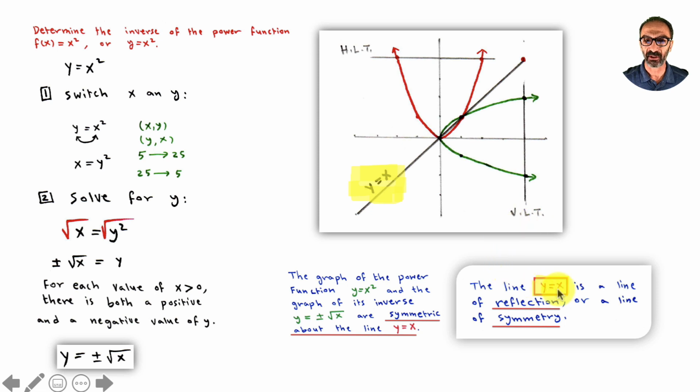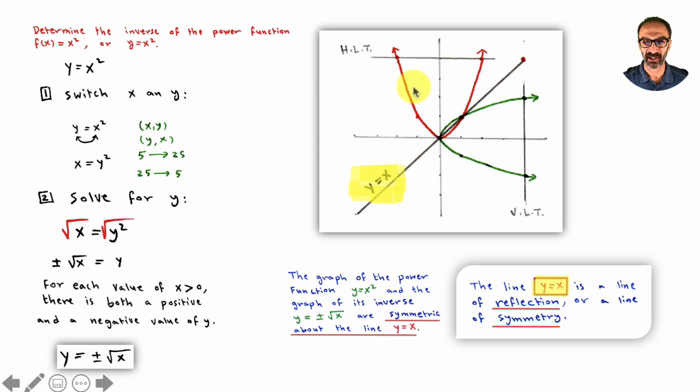The line y equals x is a line of reflection or a line of symmetry. So graphically, when you want to find the inverse, we take the reflection about y equals x. In steps, that's what we do: we switch x and y, and we solve for y.